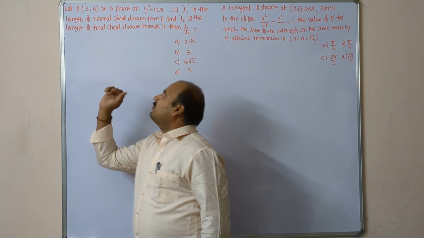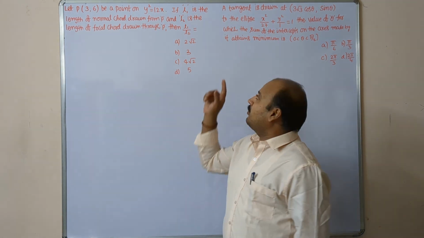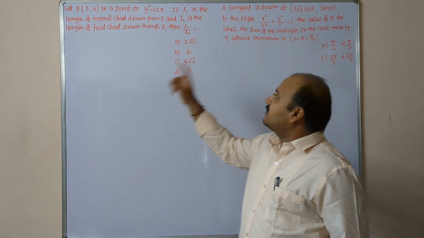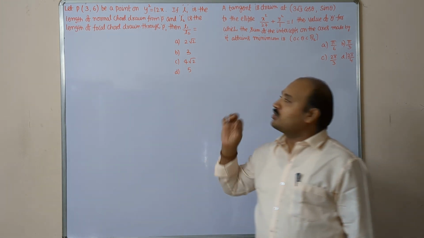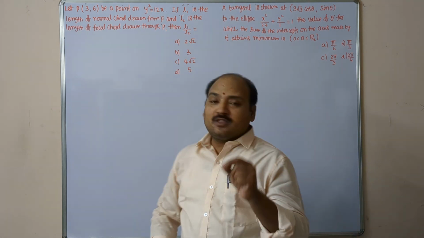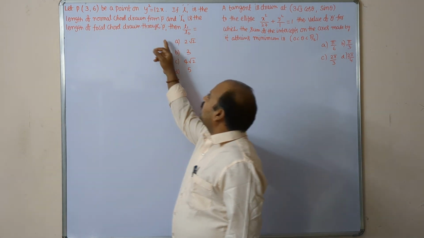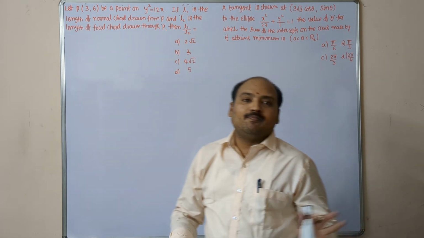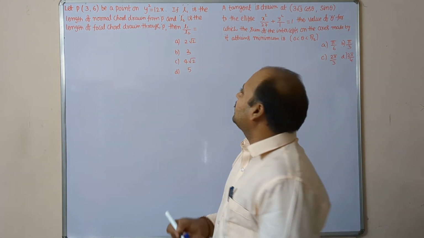Let P(3, 6) be a point on the parabola y square equal to 12x. If L1 is the length of the normal chord drawn from the point P and L2 is the length of the focal chord drawn through the point P, then L1 by L2 equals. Here two important points are there.